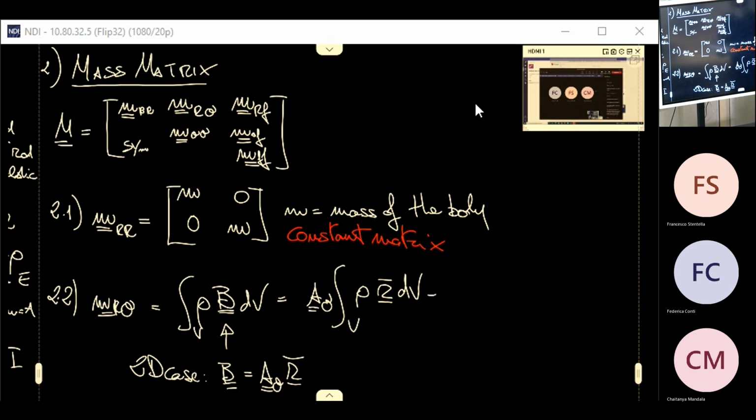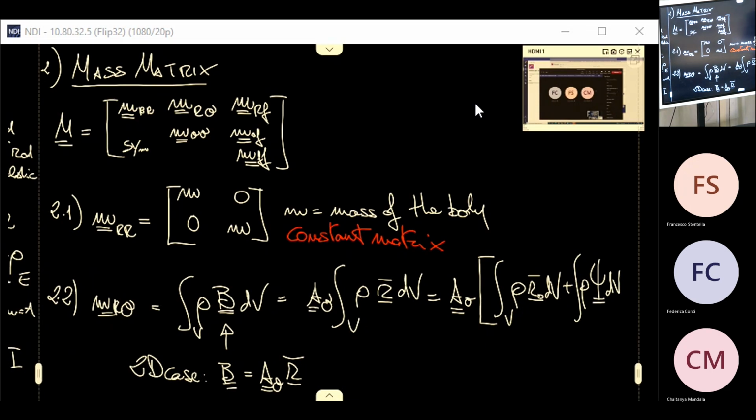Now, if you remember, how we can write r over bar can be written as follows: A theta multiplied by the integral over the volume of rho r0 over bar dV, plus the integral of rho times psi dV, times q f.